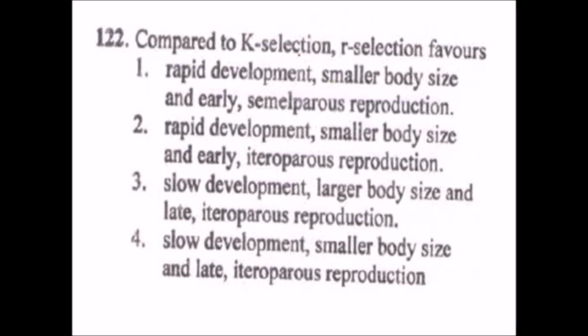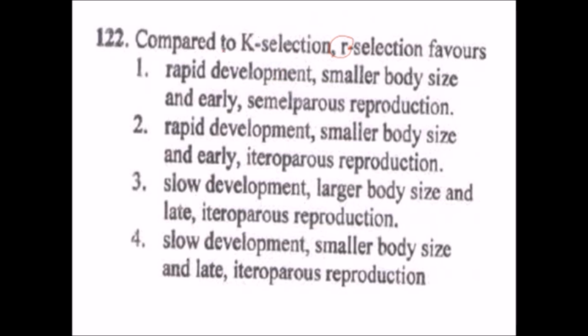Yes, compared to K selection, R selection favors... K stands for king and R stands for rat. So obviously the size of a rat is small, and R selection favors rapid development with a smaller body size, and it undergoes reproduction more than once in its life. Such reproduction is known as iteroparous, while the one which undergoes only one-time reproduction is known as semelparous.